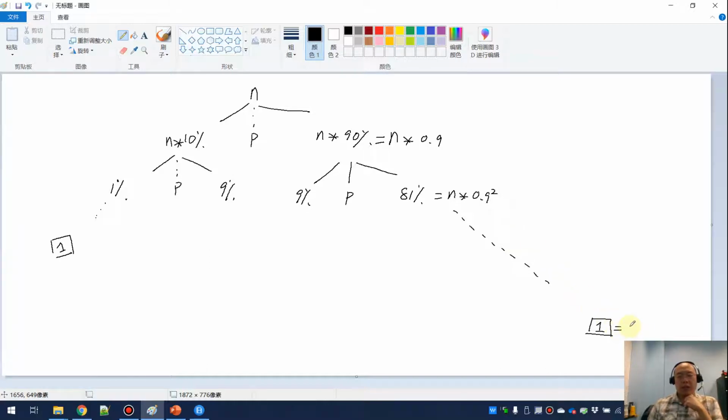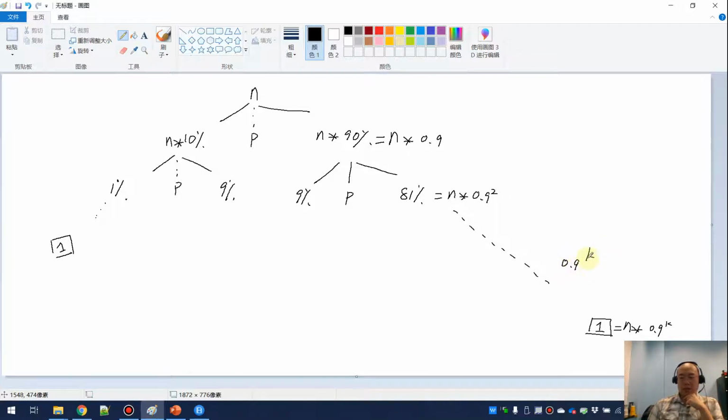This will be n multiplied by 0.9 to the power k. This k will be the length of this tree structure. So what will this k be? This k, let me see, how about I do this?